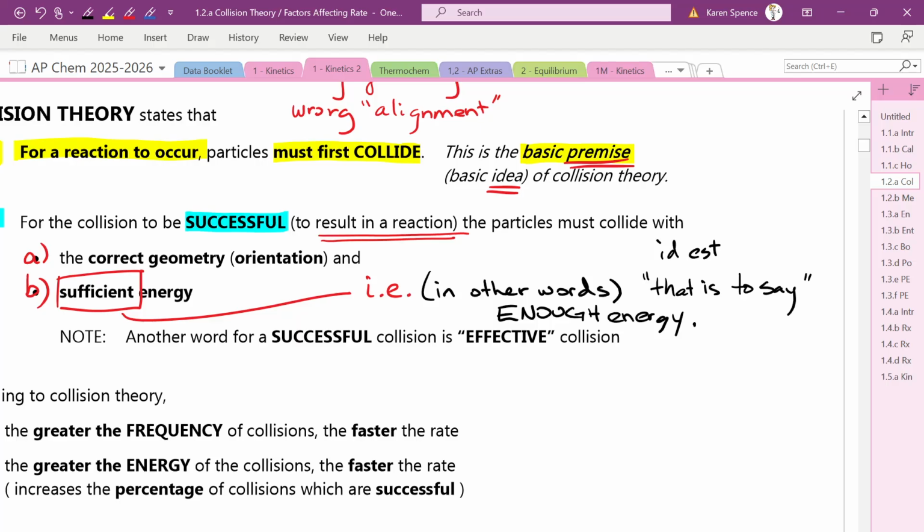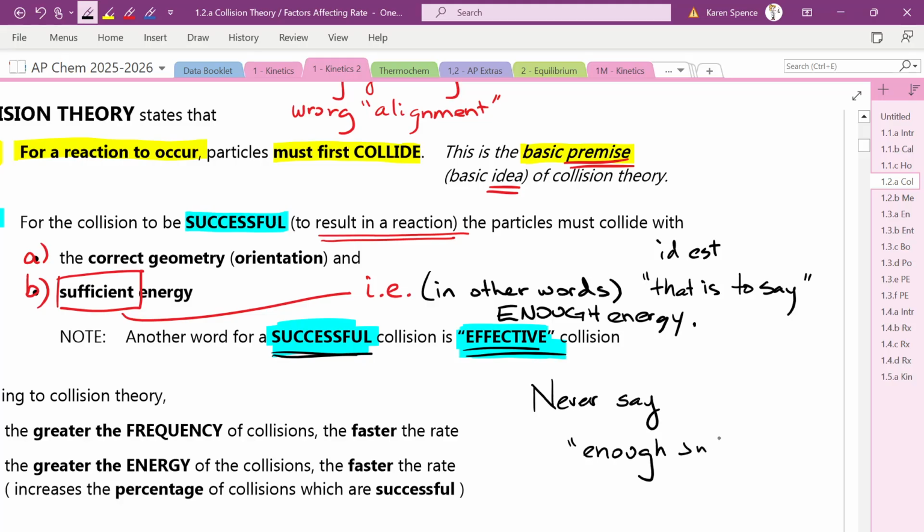Another word for a successful collision is an effective collision. So you need to be familiar with both of those terms. Okay, so a successful collision is also known as an effective collision. And while we're here, I might also mention, never say "enough sufficient energy."